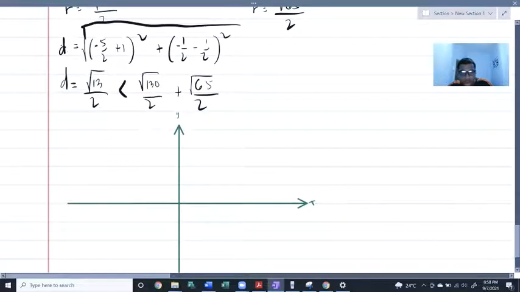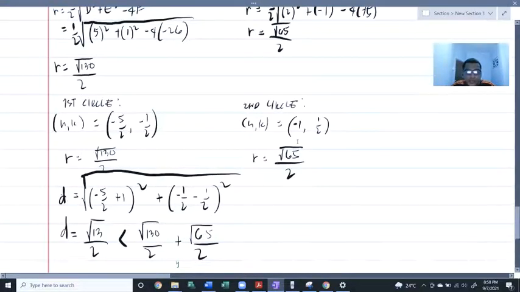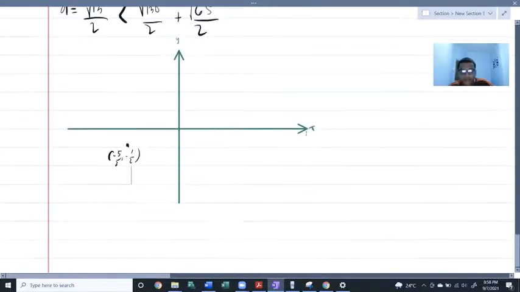Suppose nandito siya, -5 halves, -1 half, eto dito. Next circle will be at the center -1, 1 half. So dito siya. Yan. So, okay.